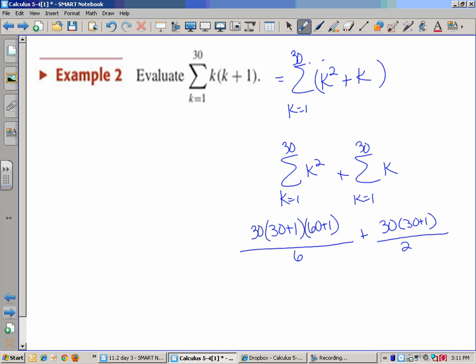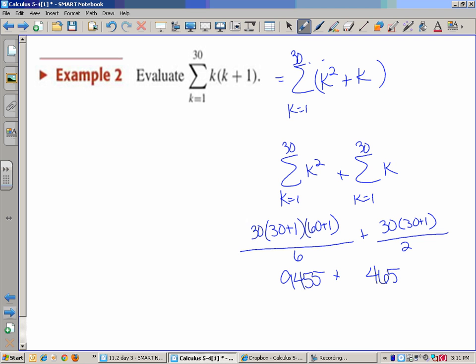So 5 times 31 times 61 equals, and I get this number. And then I get 15 times 31, and I get this number.